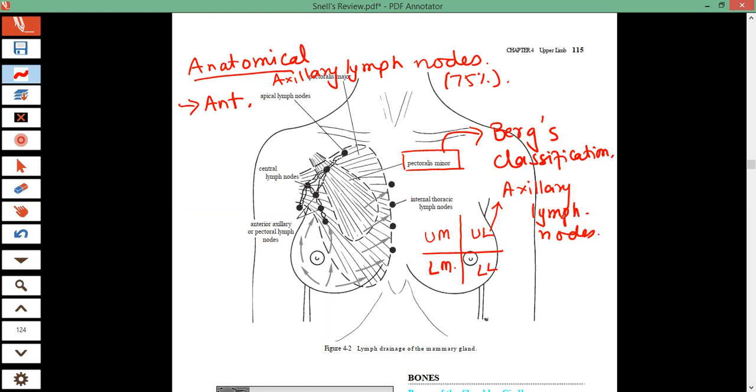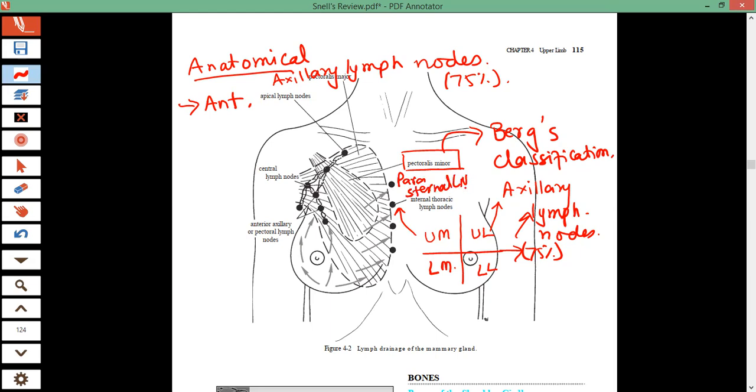So please remember, lymphatic drainage from the lateral quadrants, 70-75%, all is draining into your axillary lymph nodes. The lymph drainage from the medial quadrants is going to drain into your parasternal lymph nodes.